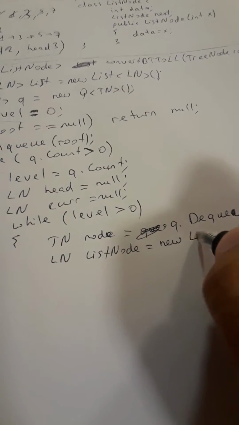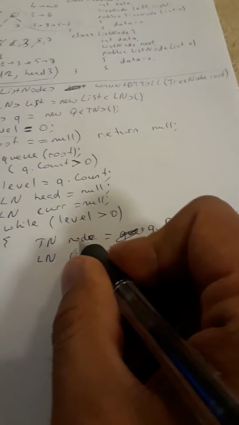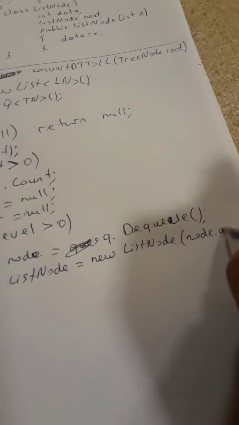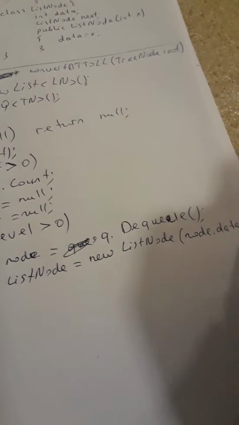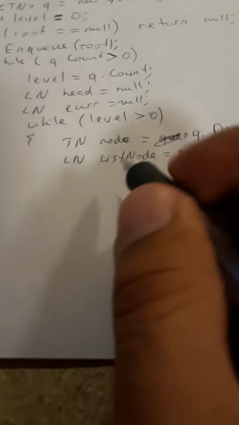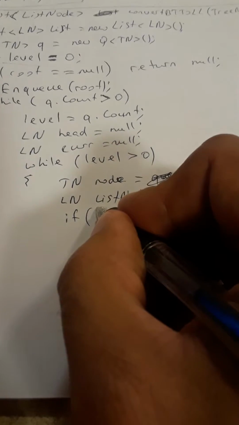Into this list node we will push the data from our node. Basically we're converting our tree node into a list node, so we're taking the data from the tree node and setting it to our list node. And after that, we're setting this list node to our header or current pointers.